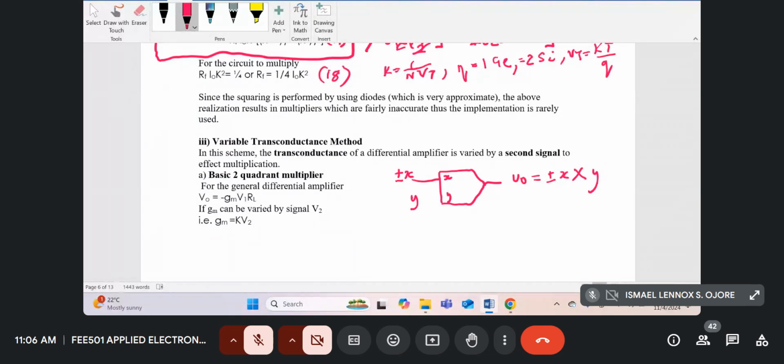The result is only going to be available on two quadrants. This is a symbol. So one variable can only take a positive value, the other can take both positive and negative.